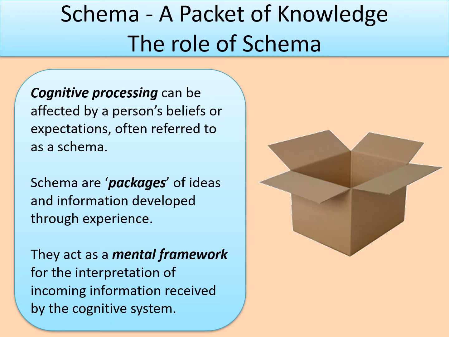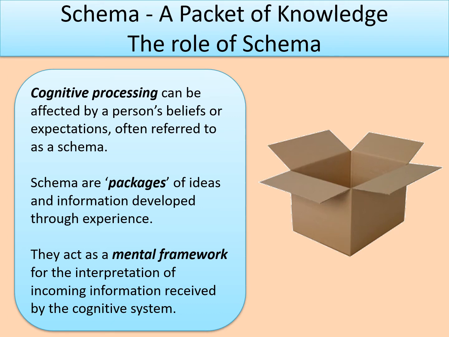So schemas are there because they act as a mental framework for the interpretation of incoming information received by the cognitive system, which means that we have a schema for everything, and as new information arises and new things happen every day in your life, you're ready for them. You've got this packet of knowledge of what they are and how to deal with them, even if you've never seen or experienced that thing in real life.